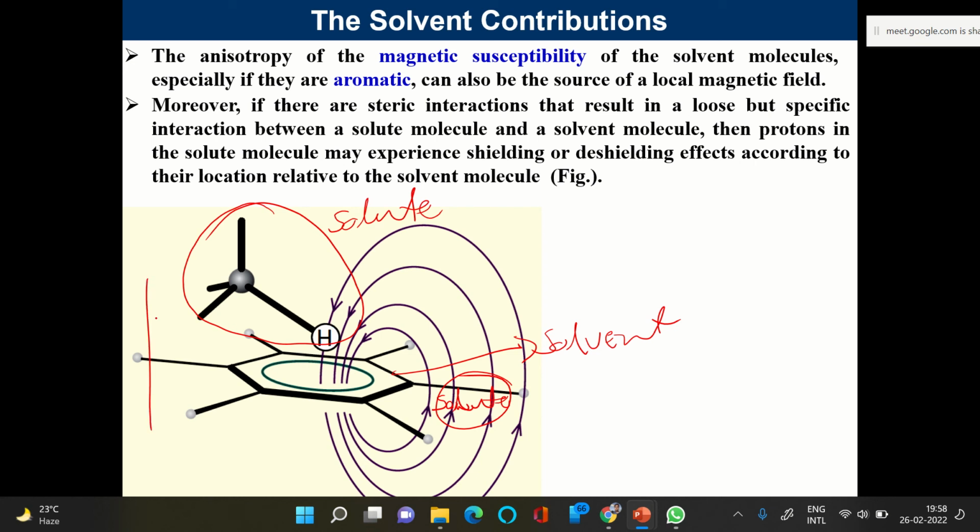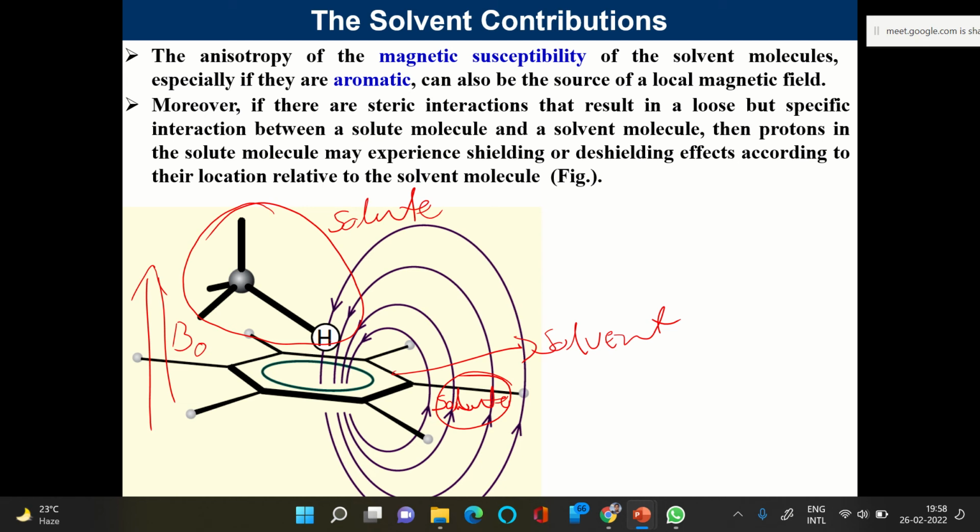The applied field is in this direction, and it is opposing it over here if it is above the plane of the ring. So this kind of thing does happen. So this is another example. This was an example where you have a pi electron cloud, an aromatic structure, in the solvent, and that can also affect the NMR signal, and it will be very unpredictable because of the placement of the solute molecule.